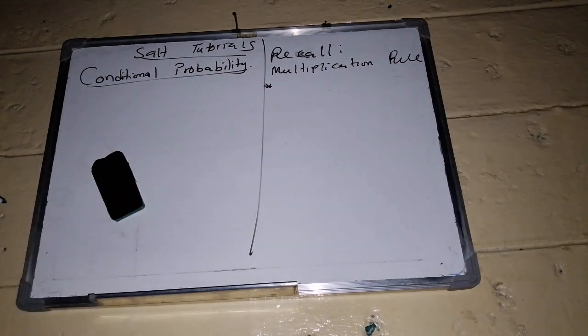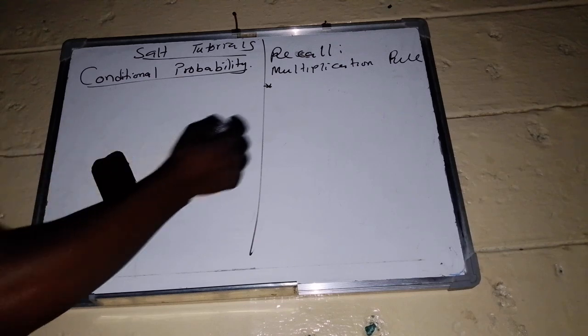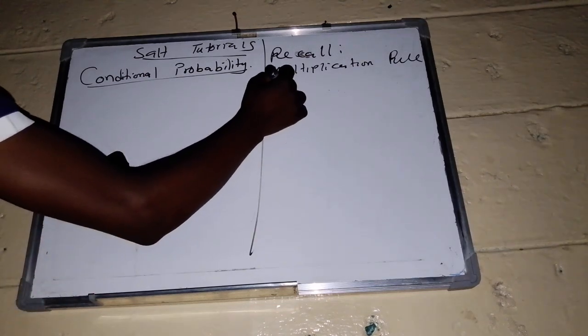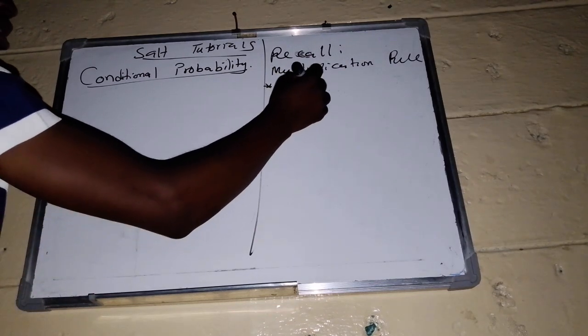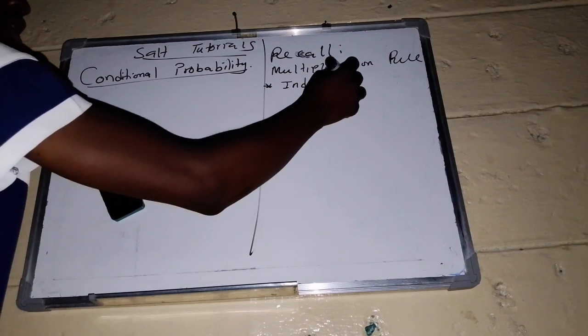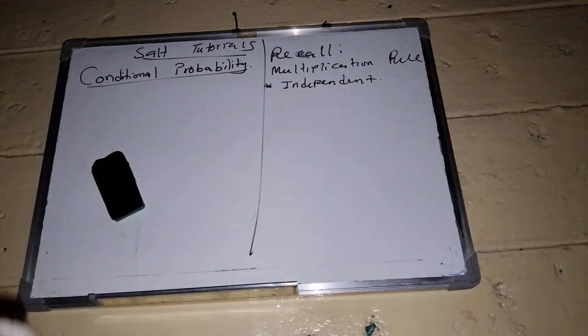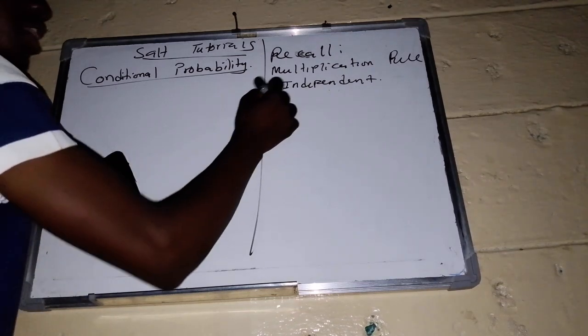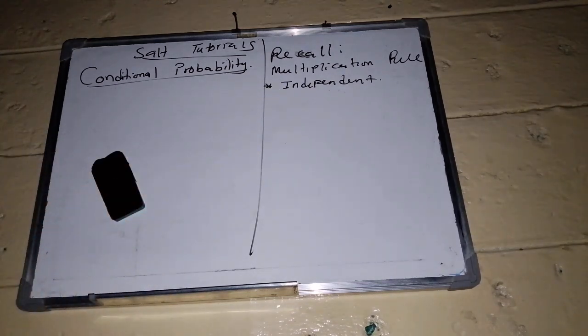The first case was a situation where we simply said that two events should be independent. So when we're told that these events are independent, we have the rule which says we are able to find the probability of getting event A and event B at the same time.